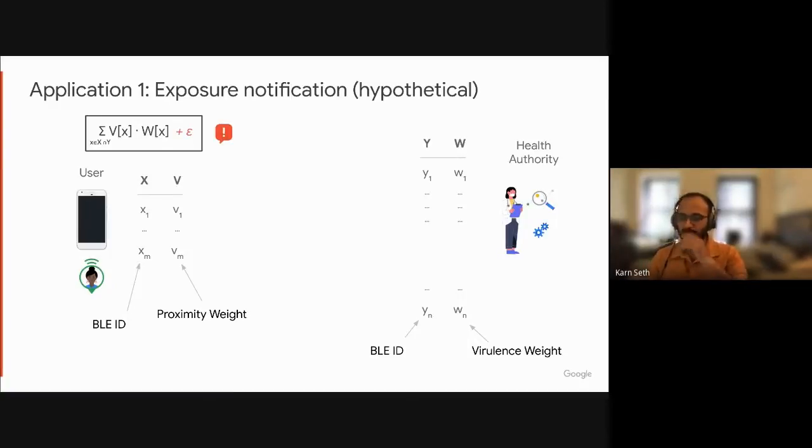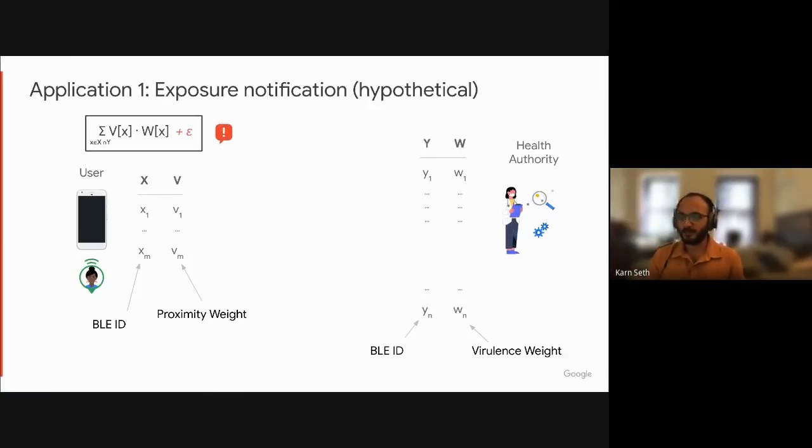So one is that it's actually a good fit for some versions of exposure notification. You can imagine that the database on the user is a bunch of Bluetooth keys for people who broadcasted keys to this user, with some weights, like the signal strength. And the server has a bunch of Bluetooth IDs voluntarily uploaded by users who are sick, and also a virulence weight, like how infectious the user was at the time.